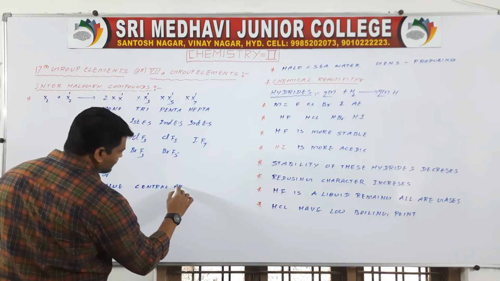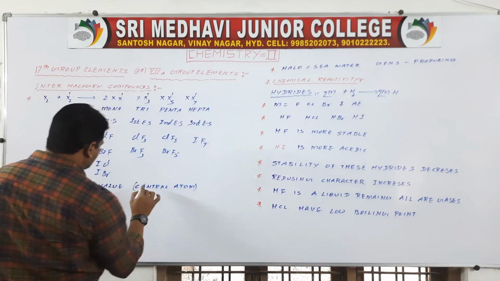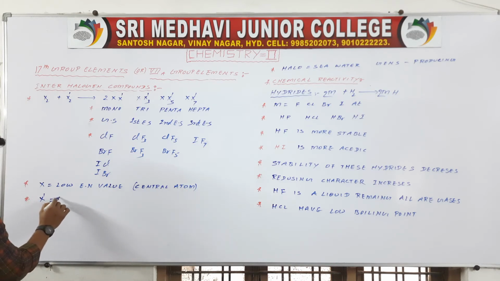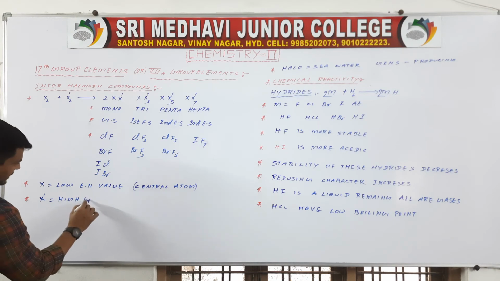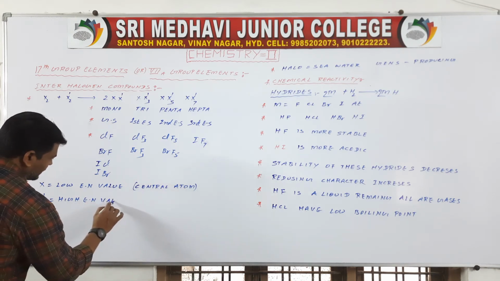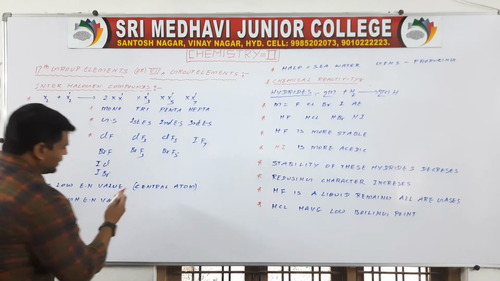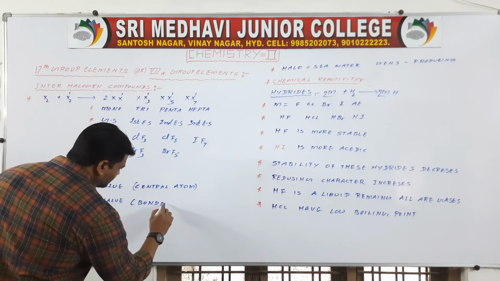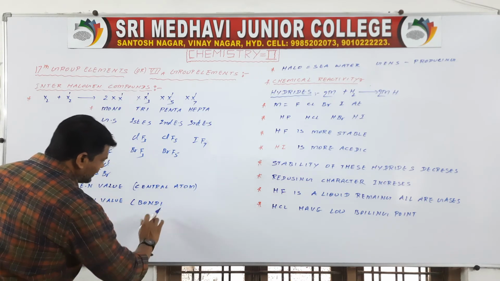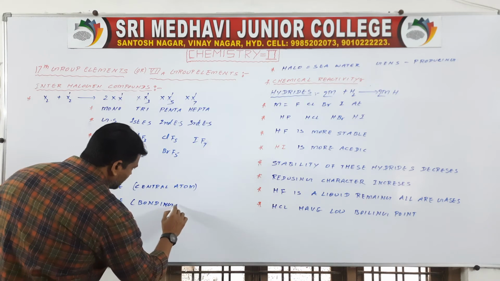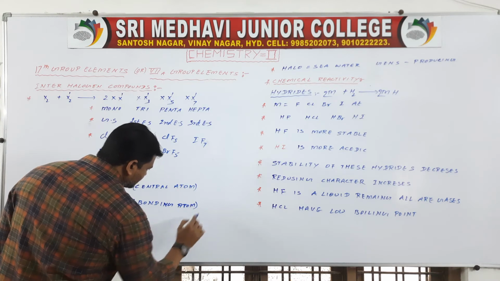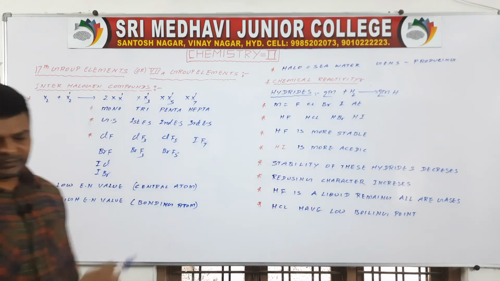X dash is the one with high electronegativity value, which acts as the bonding atom.